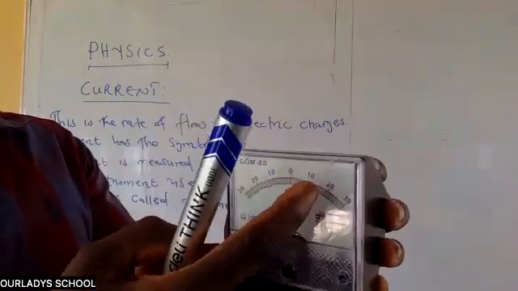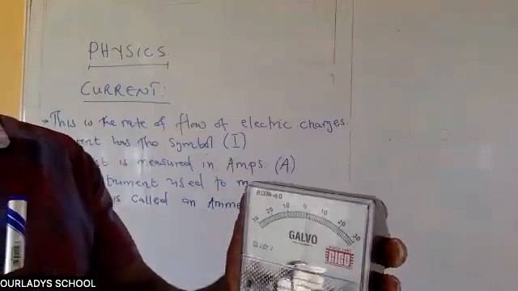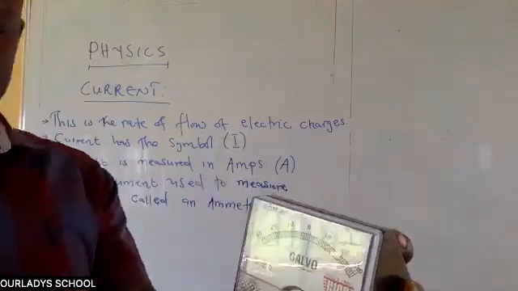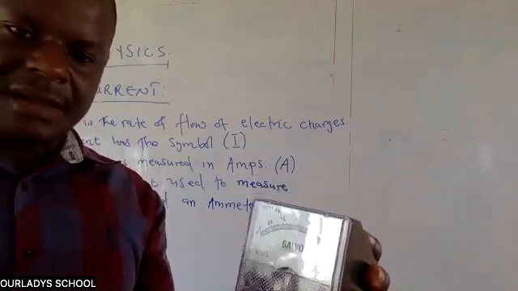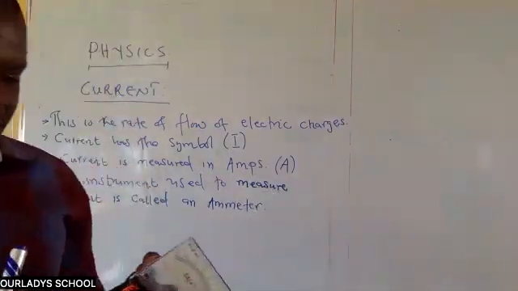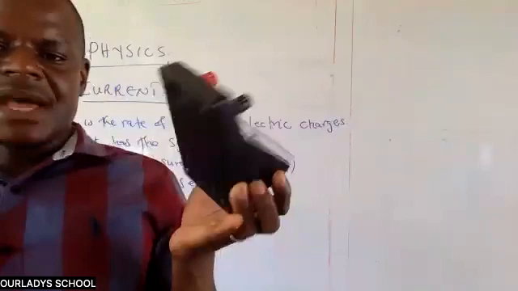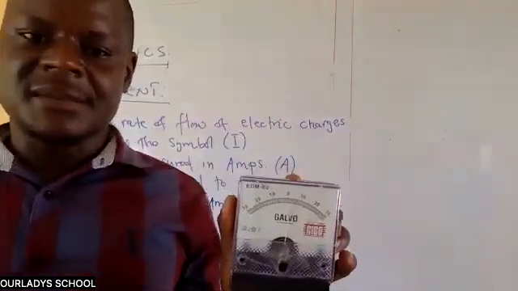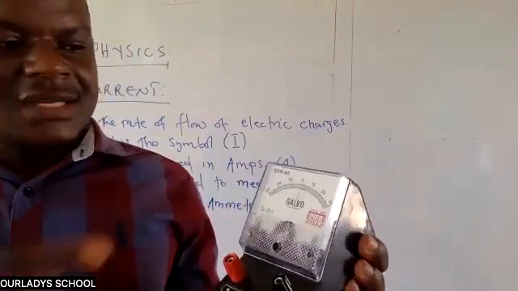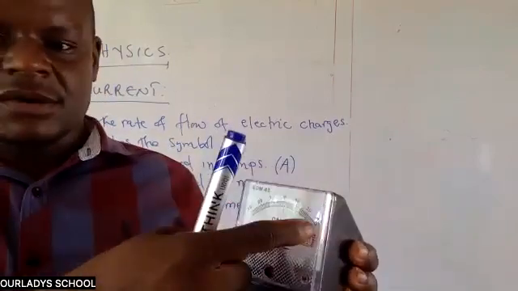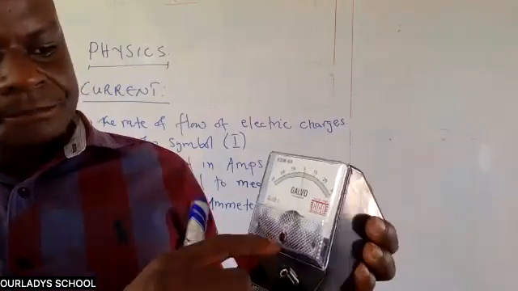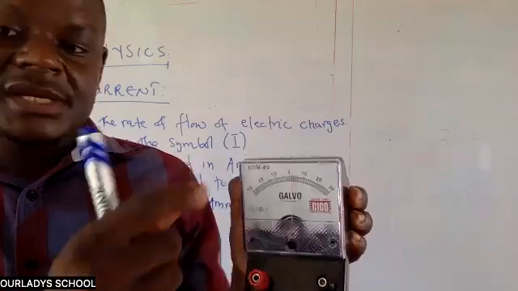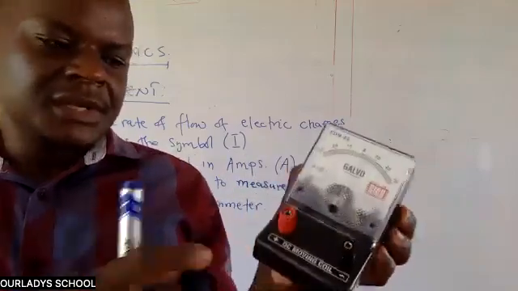The numbers keep on increasing clockwise. And what we have here is capital A, representing an ammeter. However, the physical appearance of the galvanometer and that of an ammeter are the same. The only difference, like I said, is the scale.